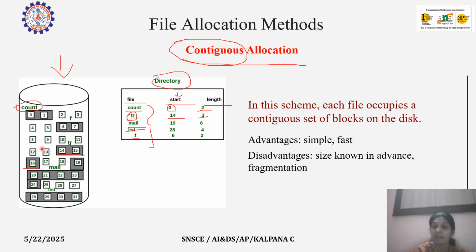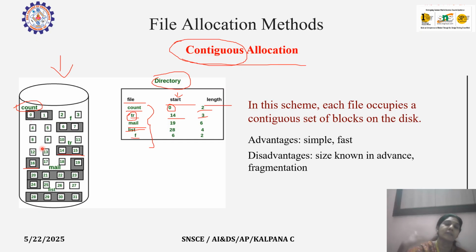So external fragmentation will happen here. Also, when you follow this contiguous allocation, you should know the size of the file in advance. If the size of the file is 10 KB now and later it becomes 12 KB, that is not possible with contiguous allocation, because once some blocks have been allocated, they reside there forever.